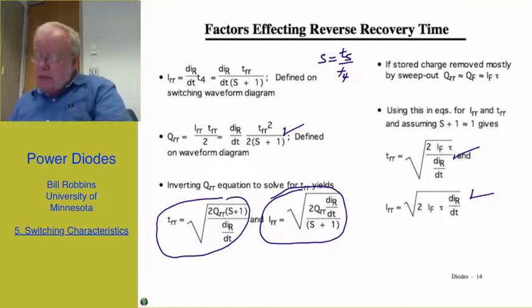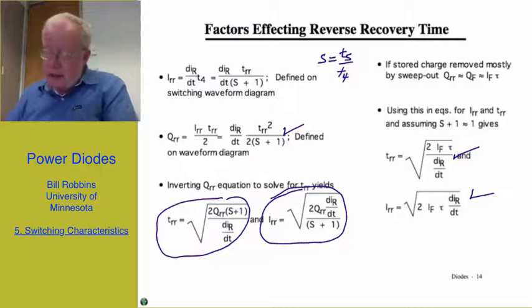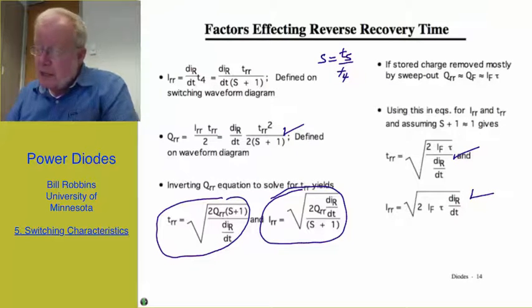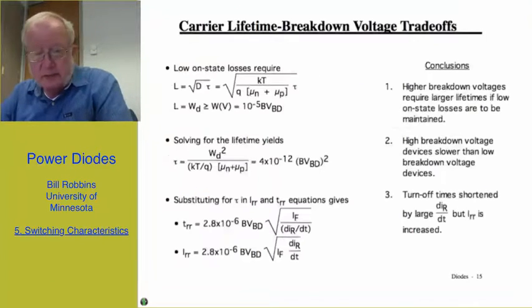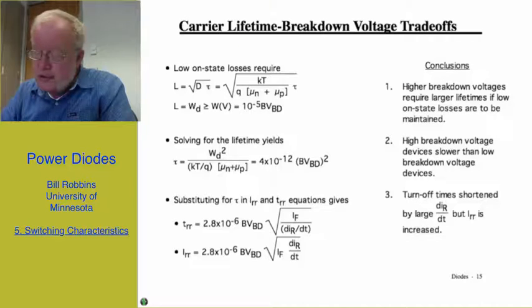These equations can be made even more useful to illustrate the carrier lifetime and breakdown voltage trade-offs that have to be made by the device manufacturer. Low on-state losses require that the diffusion length be at least equal to the width of the depletion layer at breakdown voltage. So that means you want the diffusion length L to be equal to the drift region length, which has to be at least equal to, if not a little bit larger than, the depletion layer width at breakdown.